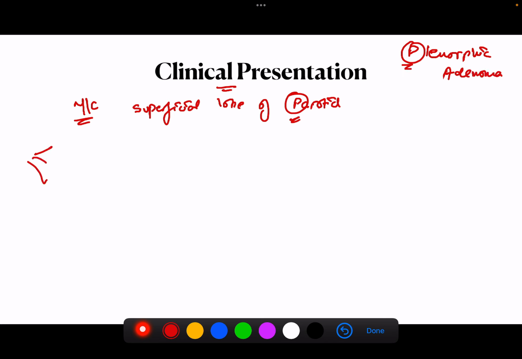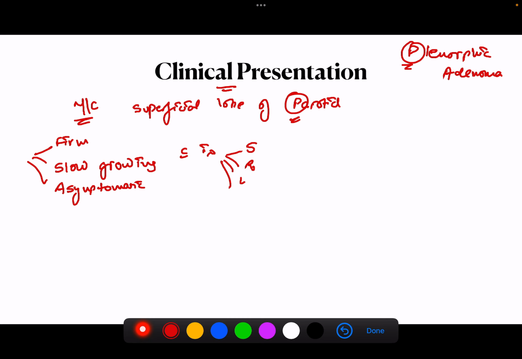And this swelling is firm, slowly growing, and asymptomatic, which is smooth, rounded or lobular, and is mobile with rubbery consistency. No need to worry, we'll learn this through a picture. Rubbery consistency, and this swelling will lead to ear lobe elevation.